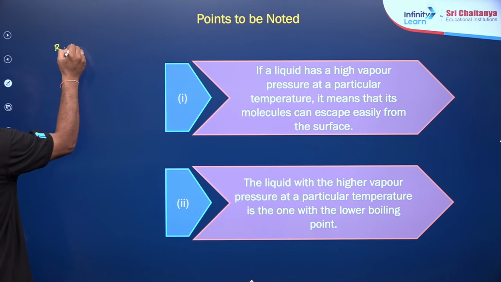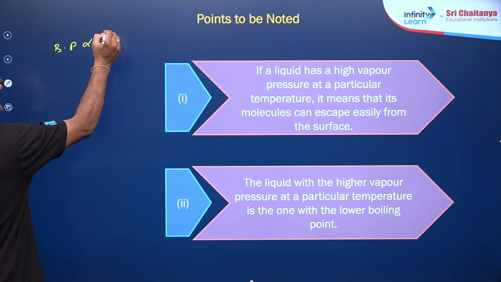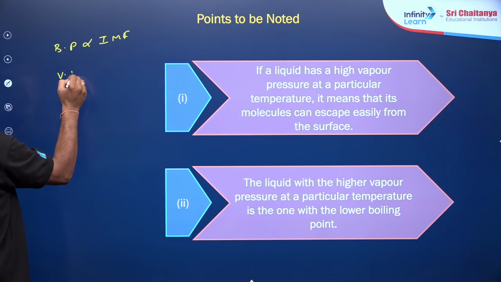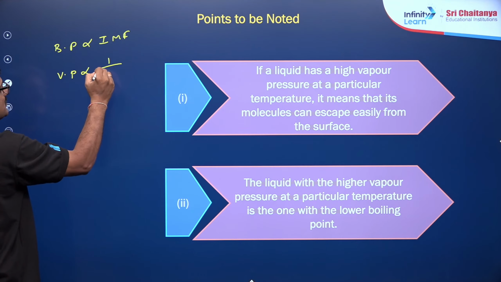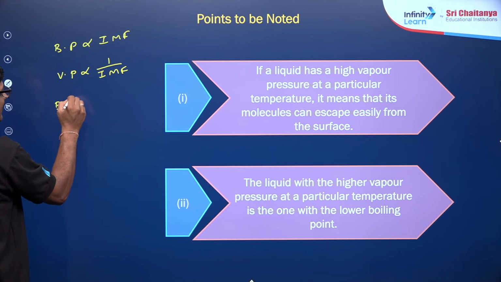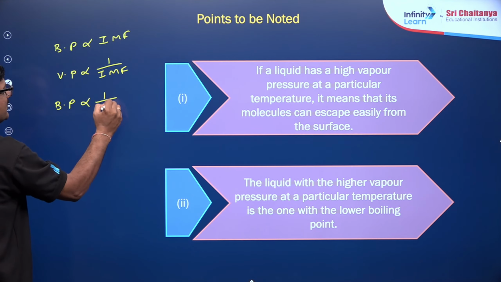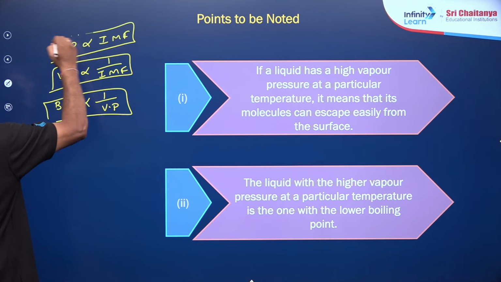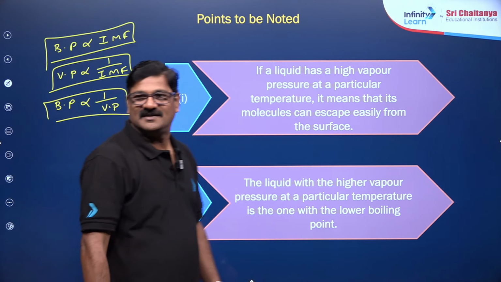So the boiling point is directly proportional to intermolecular force, and the vapor pressure is inversely proportional to intermolecular force. I want to say boiling point is inversely proportional to the vapor pressure. These are the things we need to know.